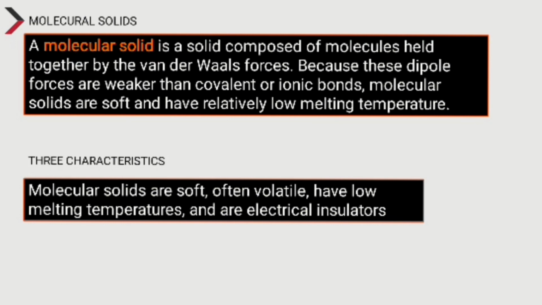Because these dipole forces are weaker than covalent or ionic bonds, molecular solids are soft and have relatively low melting temperatures. So there are three characteristics of molecular solids. These are: soft, often volatile, have low melting temperatures, and are electrical insulators.